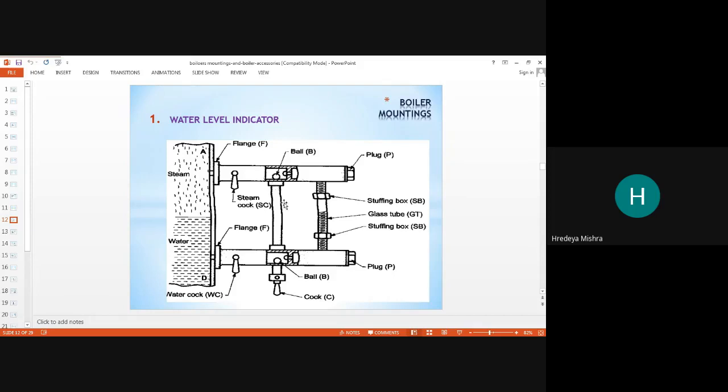But if it goes right, then it needs water. If it goes left, then water is more, so there is no requirement to supply water. The same thing happens for the steam too. If we require steam, we can move the cock and get the steam for the work.